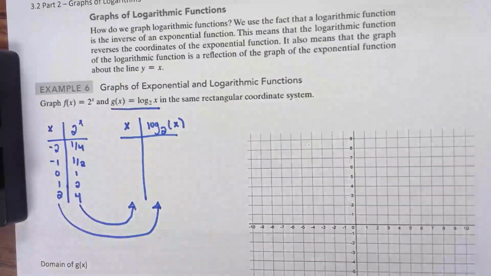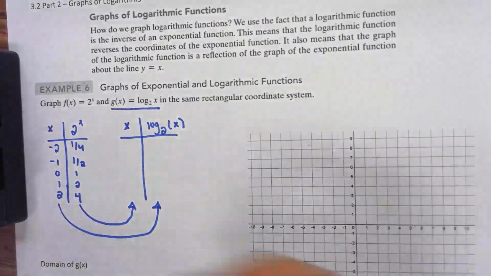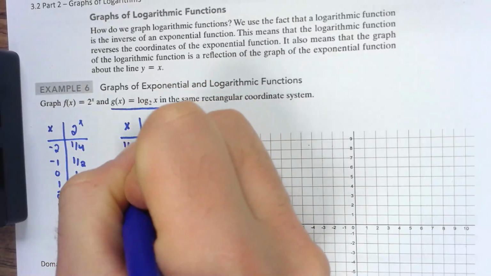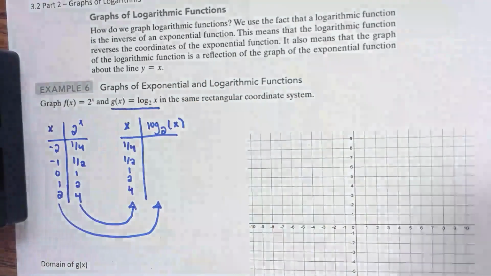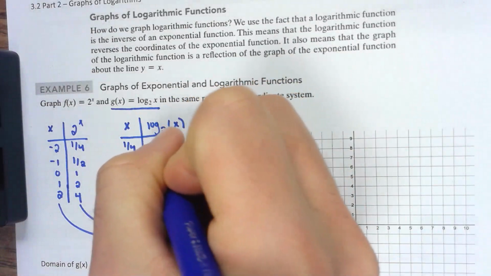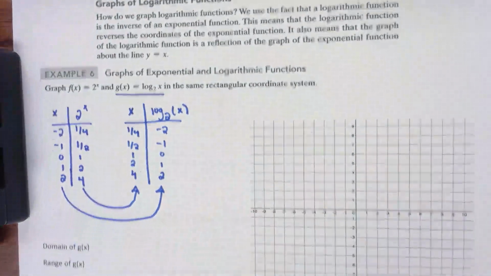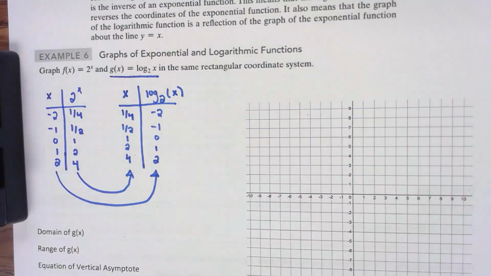And so we don't even have to think about evaluating any logs here. We can just copy over the y's for x's and the x's for y's. Okay, and then we can go ahead and graph those both.